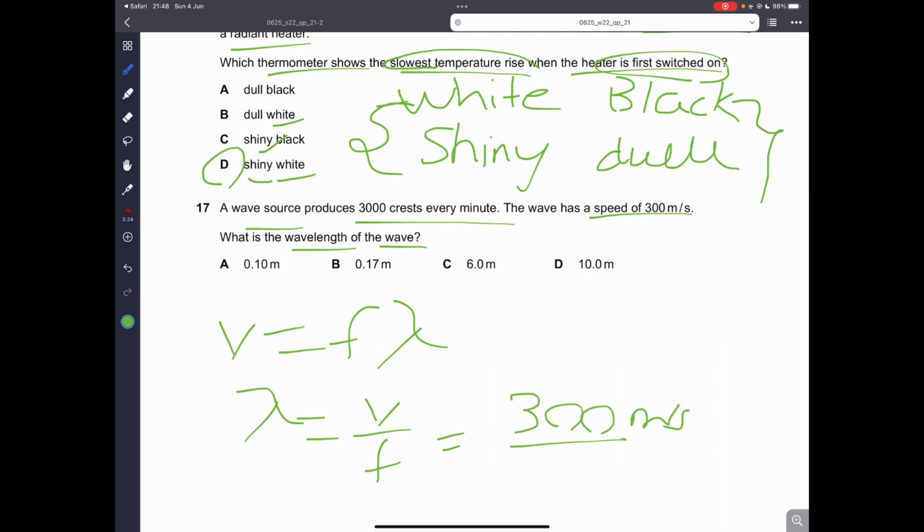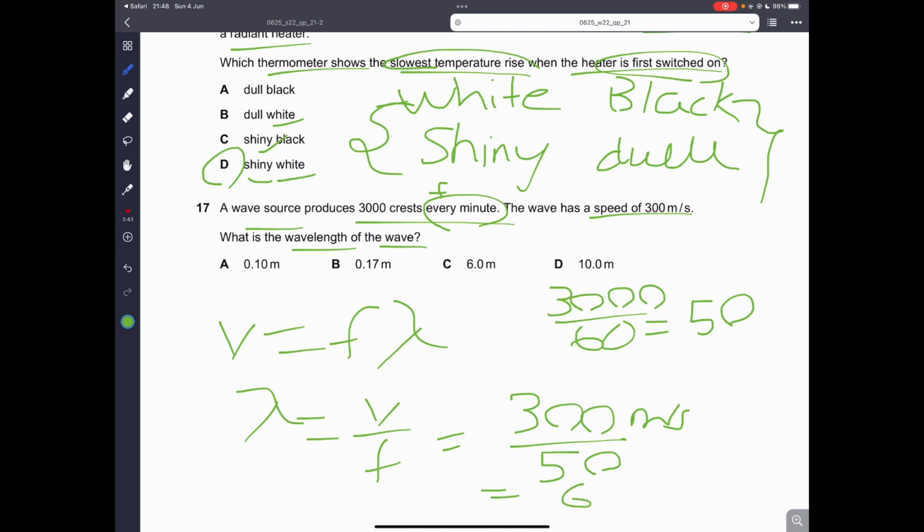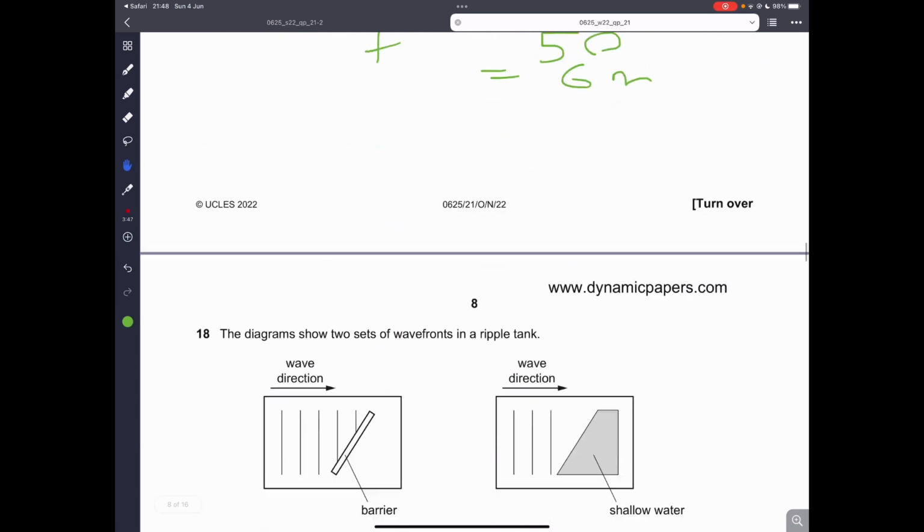Now, the frequency is given per minute. So we have to divide 3,000 by 60 to change it into seconds. This will give us 50. So 300 divided by 50 is going to be 6 meters. Therefore, C is the correct answer.